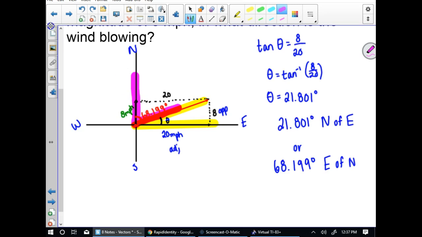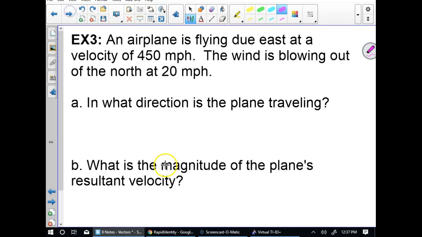All right, let's do another one. These problems I really like because I think they're kind of easy to visualize. Now, in real life, it's not quite this easy because the wind does not usually blow perfectly out of the north. The plane is usually not flying perfectly east. Usually it's at different angles.